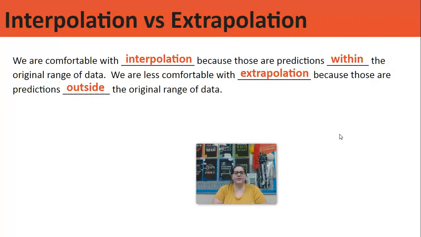Extrapolation means we're trying to make predictions for values outside of the range of X values that we have in our data. It's going to be really unreliable because we don't know that the linear model we're seeing for that set of data is going to continue in that same fashion on either side. So we have to be careful.